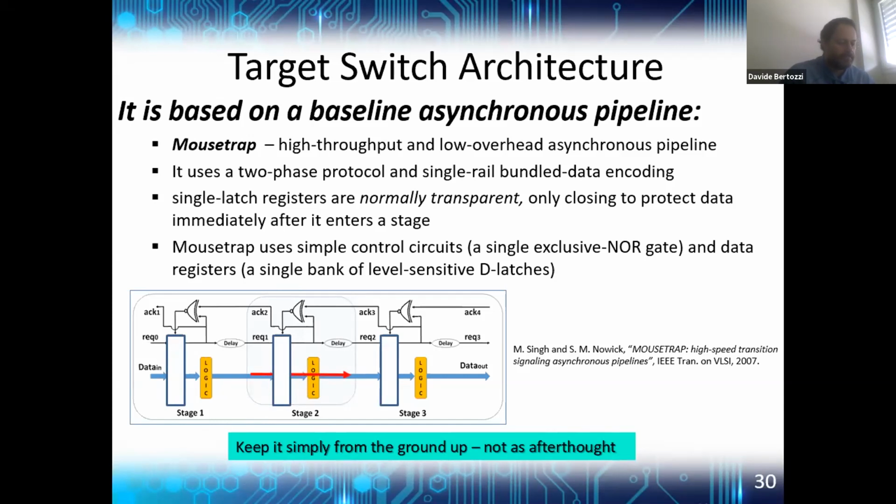And the way it works is that when the data goes through, it goes through together with its request signal. And the request signal is used to immediately freeze the pipeline stage. And therefore, the latches now memorize the data that has been propagated through them.